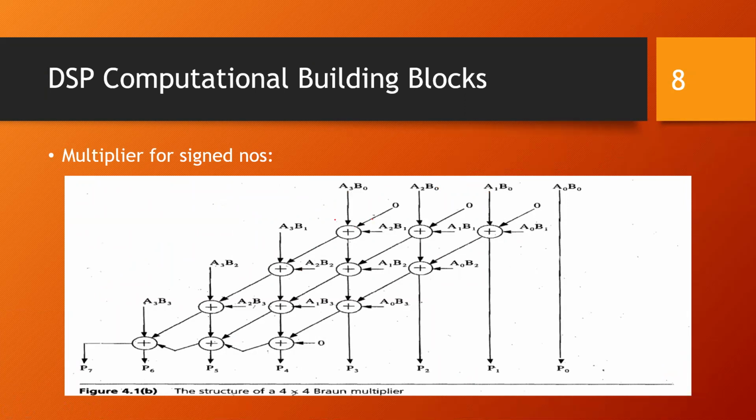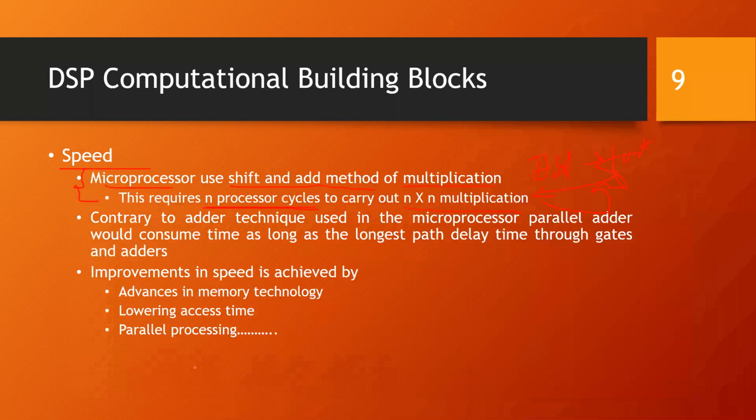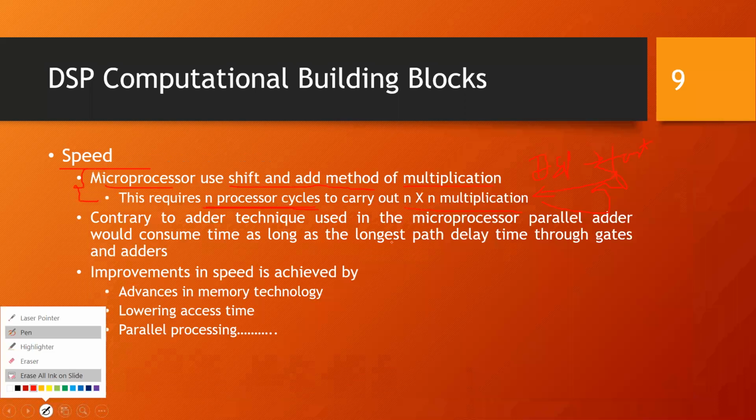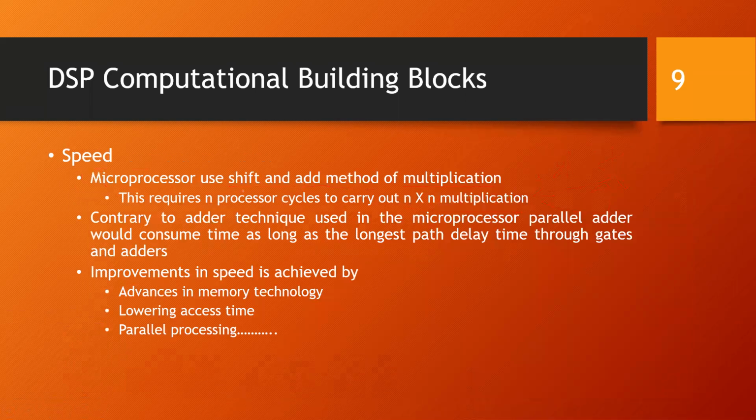For example, here I am having three adders. The maximum delay would be, say, for this path. I'm just taking an example. So the overall result, that is P0 to P7, all the bits will be available after this amount of delay. That is what we have to check. This is how implementation can be done in order to reduce the processing time.